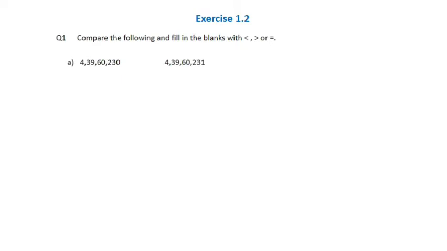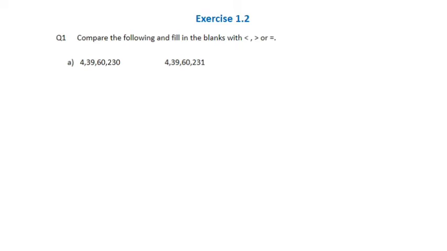Now let us solve exercise 1.2. Question number 1, compare the following and fill in the blank with the given symbol. Let us take the first one. This is ones period, thousand period, lakh period, crores period. Again in this number, ones period, thousand period, lakh period and crore period. Now we'll compare the leftmost place. Here the leftmost place is 4, here it is also 4. The next place is 39, next is also 39.